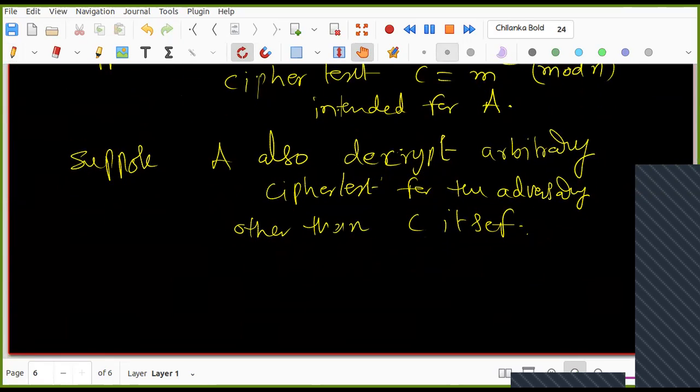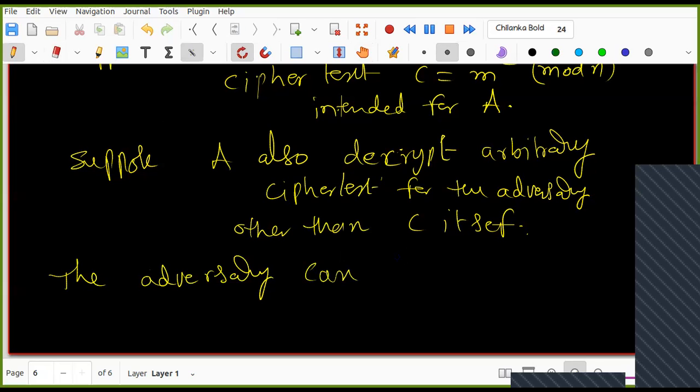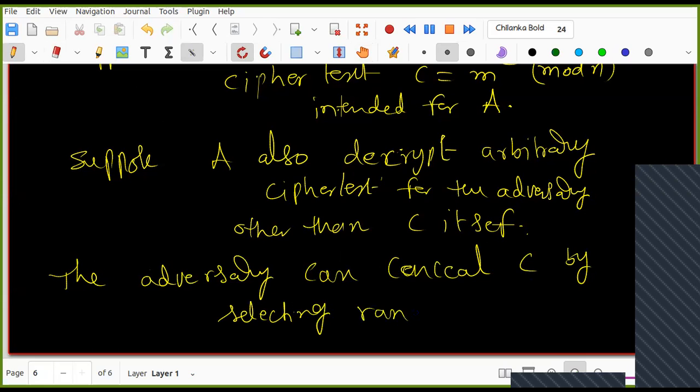Now the adversary is a very powerful, very intelligent person. The adversary can conceal C by selecting a random integer x belonging to Un, where Un means units.